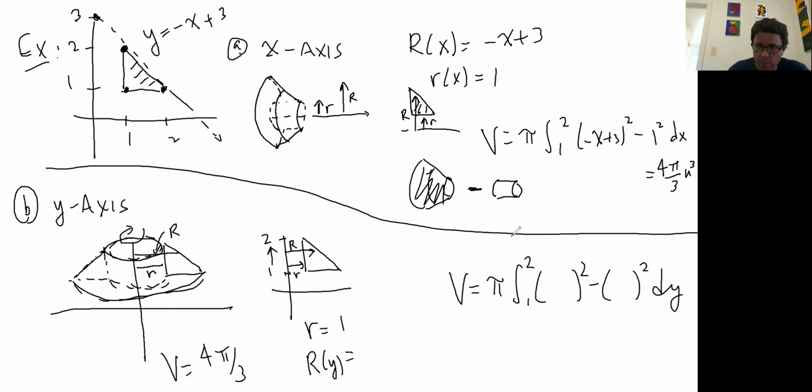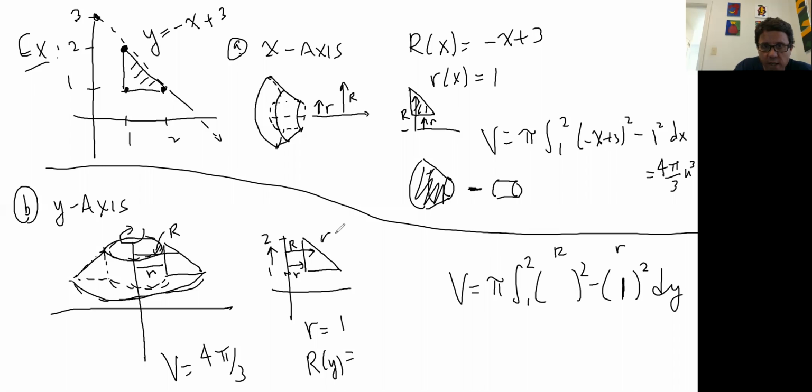The big and small radius, again, are going to be in terms of y. So little r doesn't care because it's a constant. So I can put that in as 1. But what is this line if I convert it to y instead of the original, which is x? So I have to convert here.